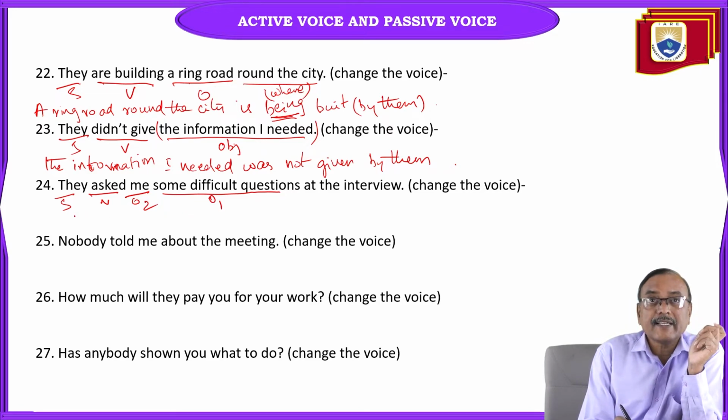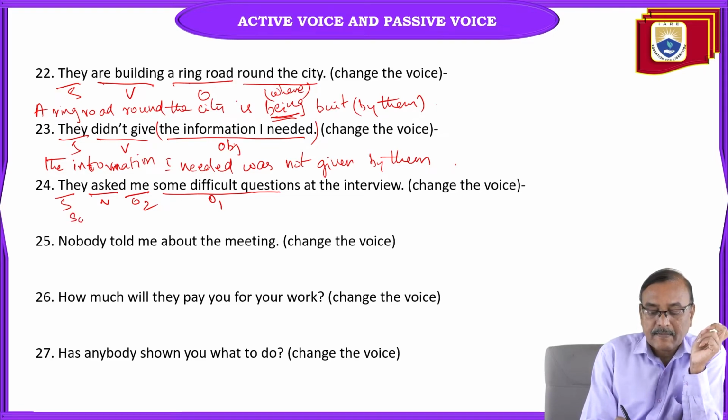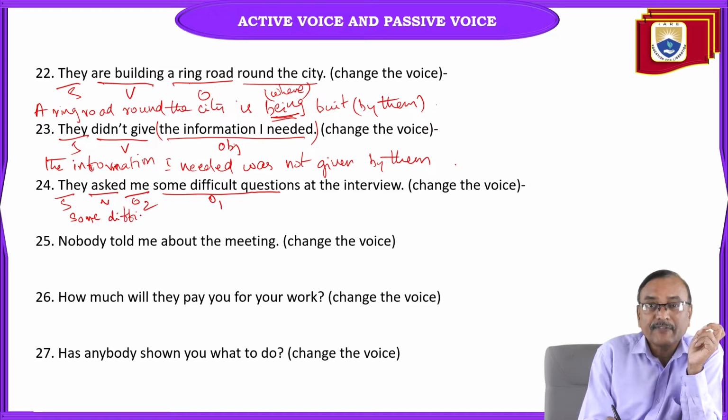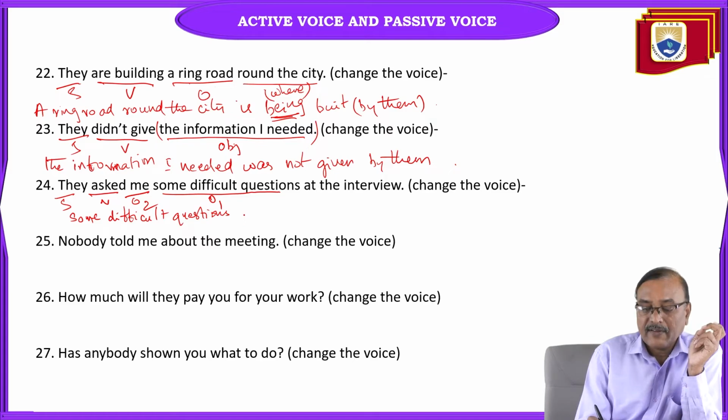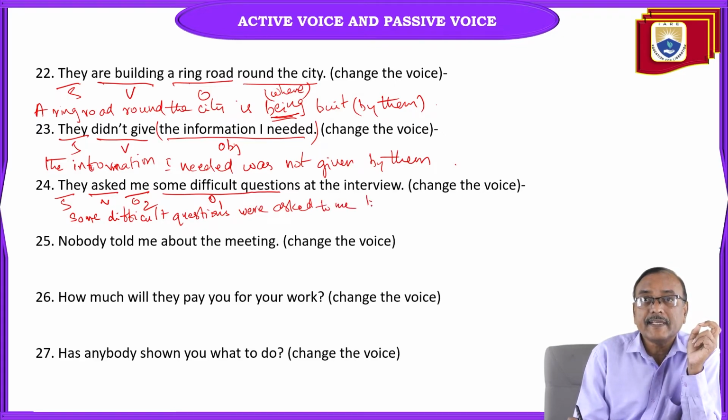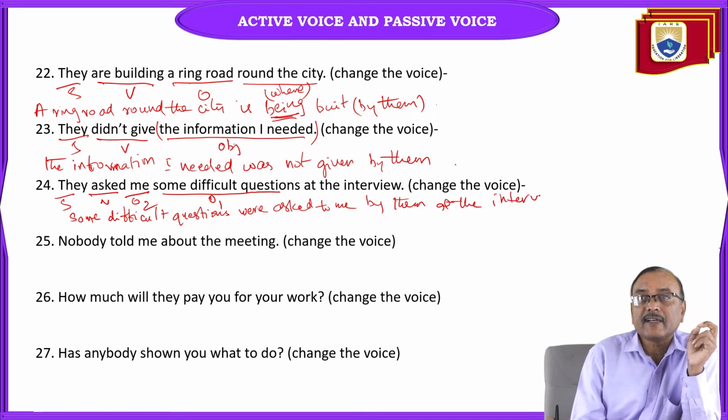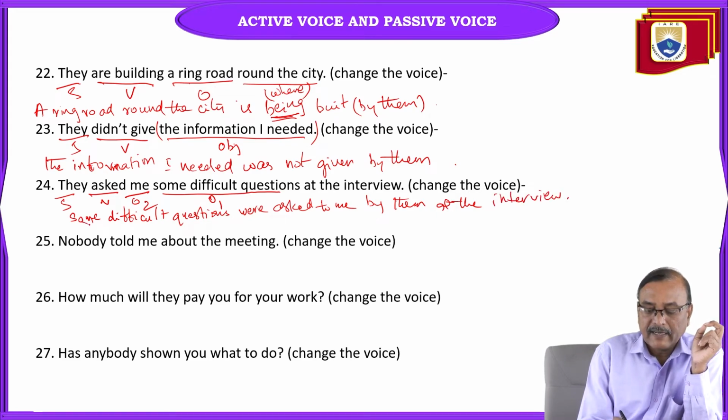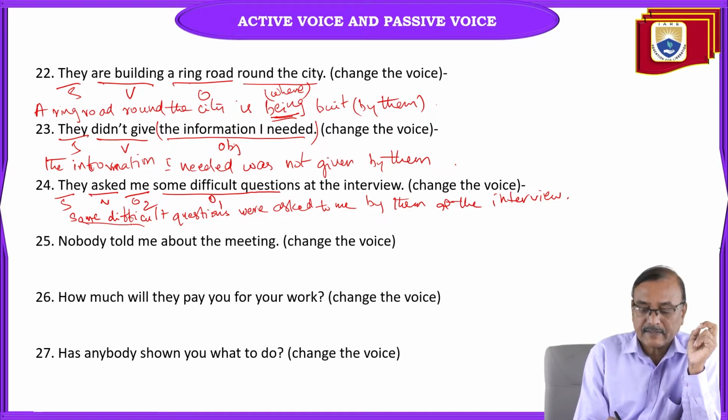So write here: Some difficult questions were asked to me by them at the interview. Past tense here, were asked. This is one, just by using here direct object, some difficult questions.